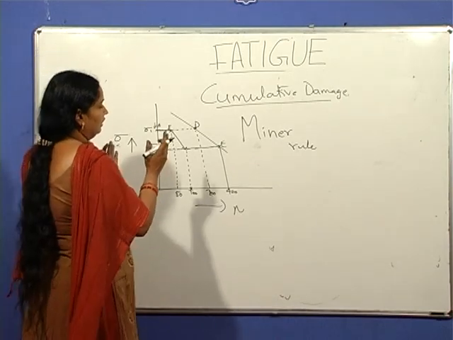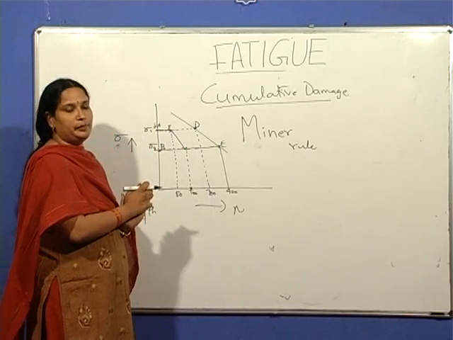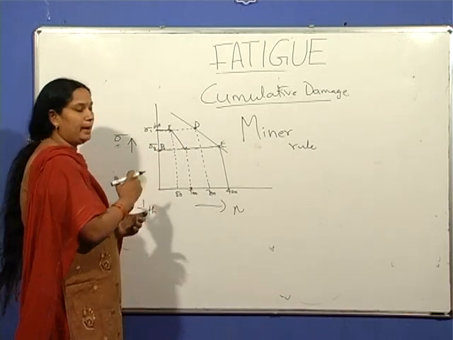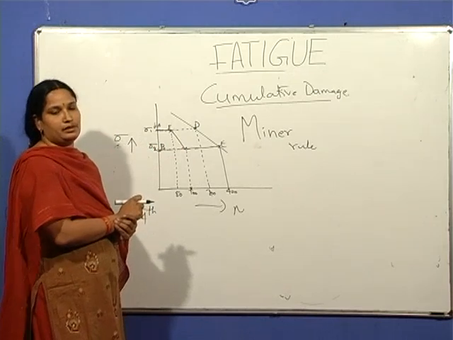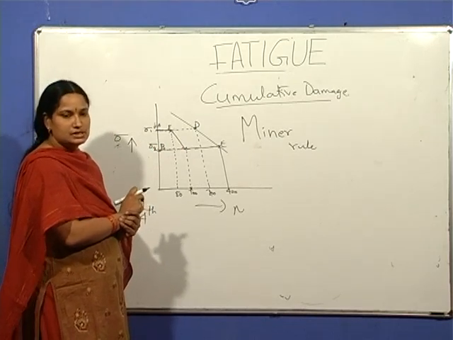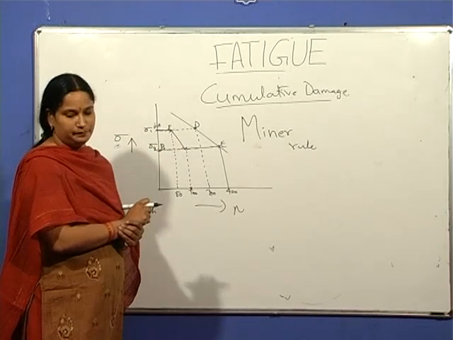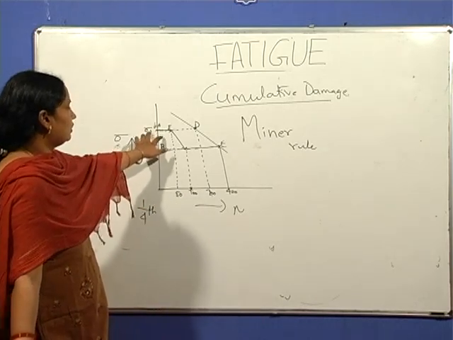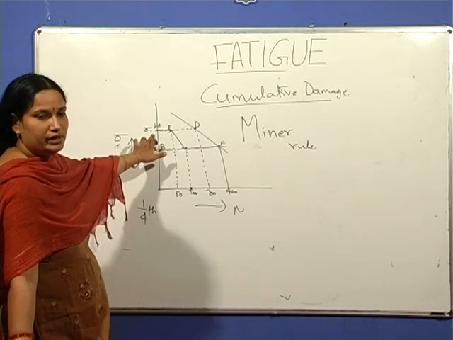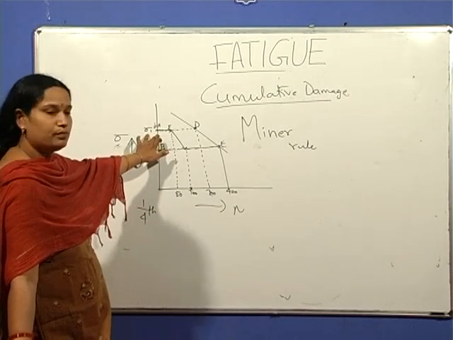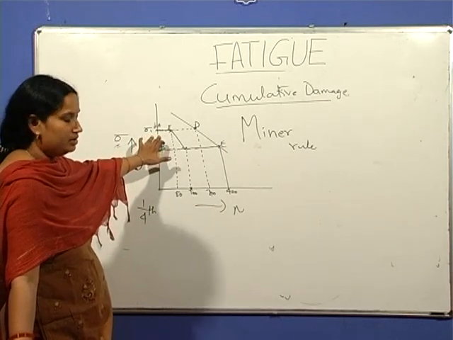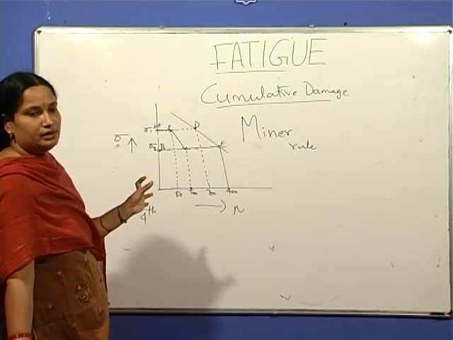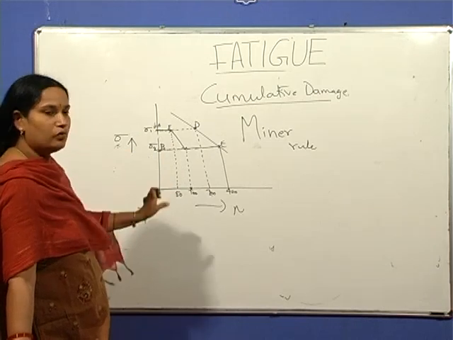That means each cycle contributes the same percentage of damage accumulation at the specified stress level. So, in the case of sigma 1, when it is stressed at this point, the damage accumulated, or the life of the component that is consumed, is 1/4.